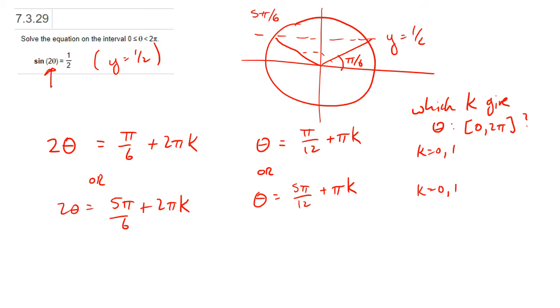Okay, for similar reasons. If I take away any quantity of pi's and then I add back less than half of a pi, that's still going to be negative. If I add 2 pi or more, it's going to be too large. But both k equals 0 and k equals 1 will give values in between 0 and 2 pi. So there are actually 4 solutions here, given by pi over 12, pi over 12 plus pi, 5 pi over 12, and 5 pi over 12 plus pi.